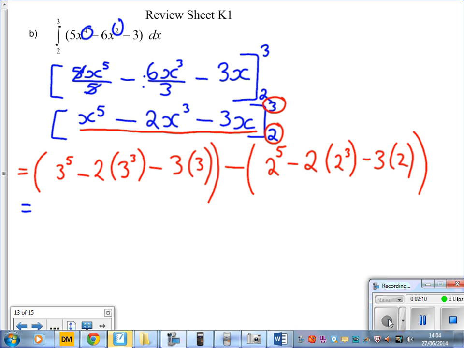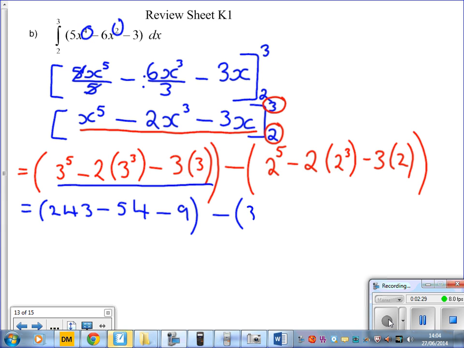So 3 to the power of 5 is 243. Take away 2 times 27 is 54. Take away 3 times 3 is 9. That's this first bracket taken care of. Take away 2 to the power of 5 is 32. Take away 16. Take away 6. That's this bracket.